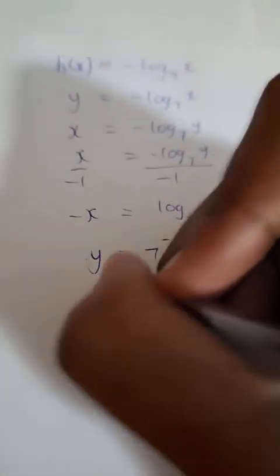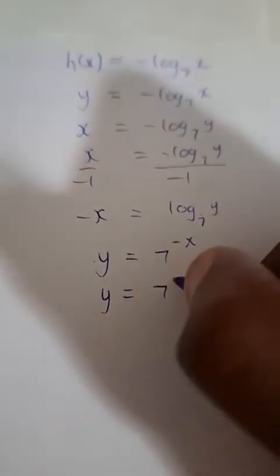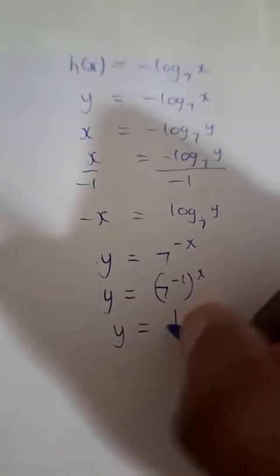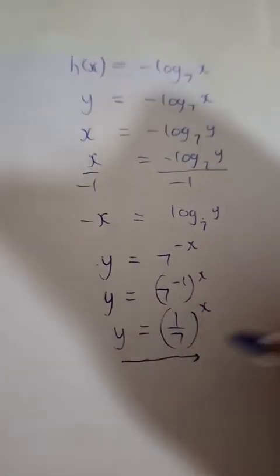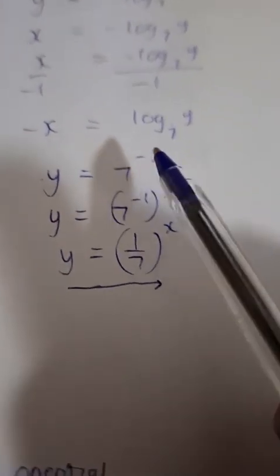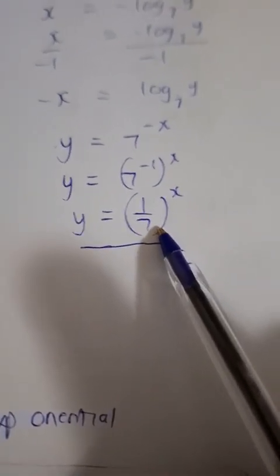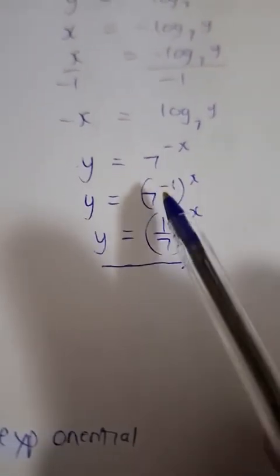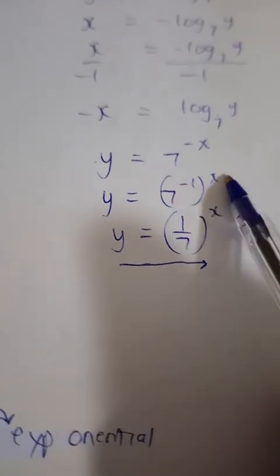But sometimes, because this is a negative exponent, this is like 7 to the power negative 1 times x, which you can write as 1 over 7 to the power x. It's 7 to the power negative 1, raised to the power x.